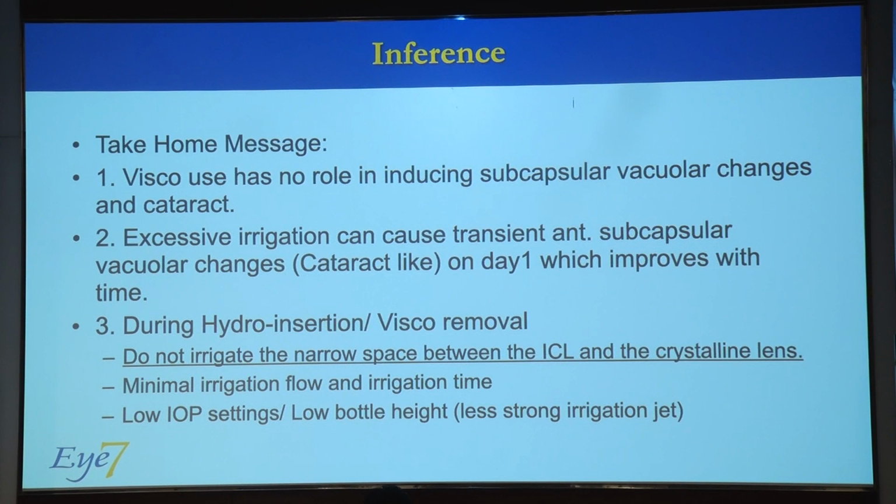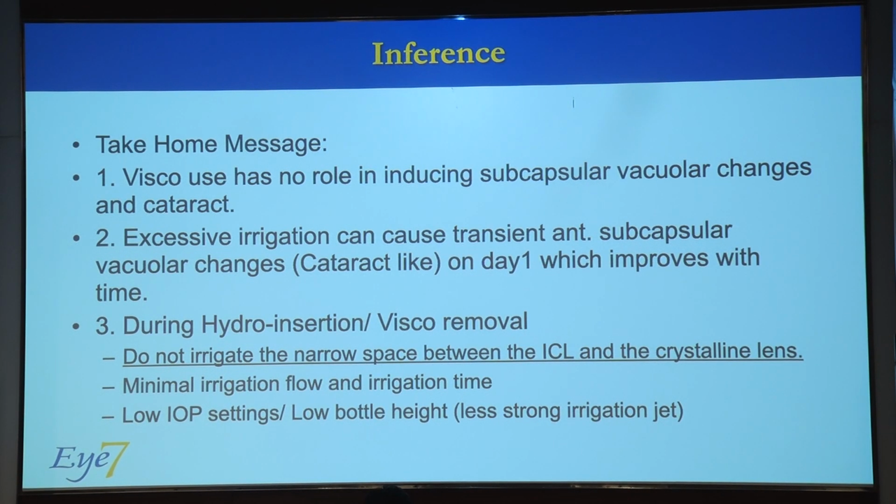So what we conclude from this is that visco has no role in inducing subcapsular vacuolar changes or cataract. The excessive irrigation can cause transient anterior subcapsular vacuolar changes on day 1, which improve with time. And the most important message which we learned from this is that during hydroinsertion or visco removal, do not irrigate under the narrow space between the ICL and the crystalline lens.